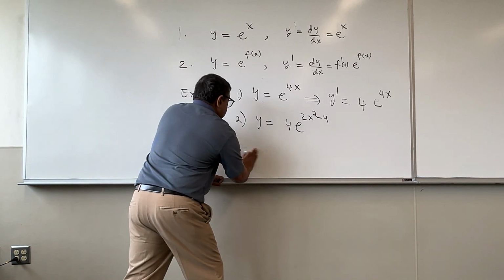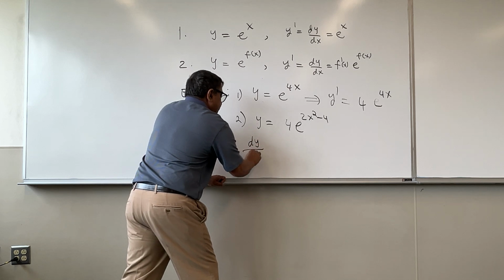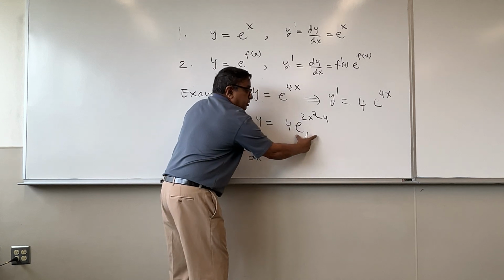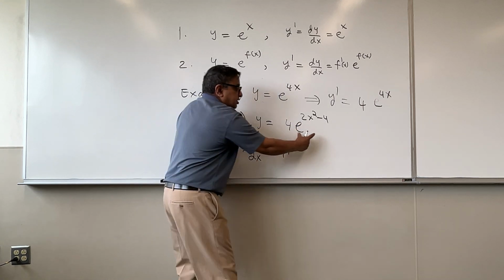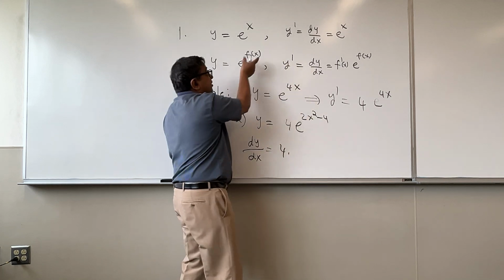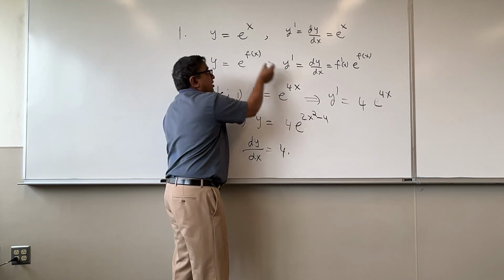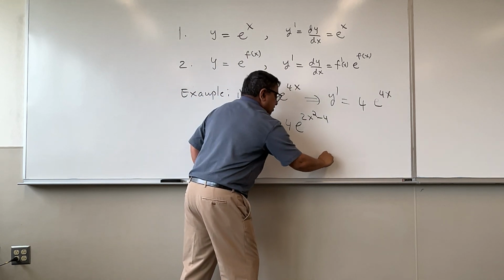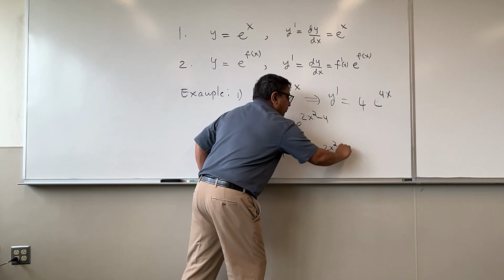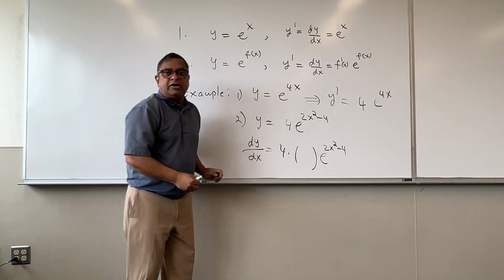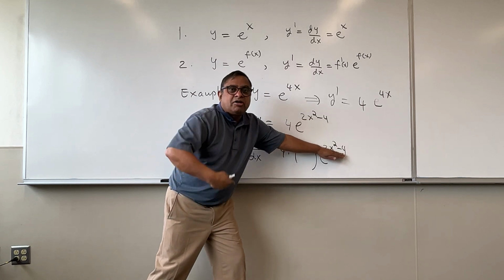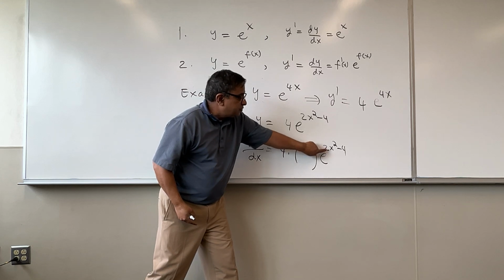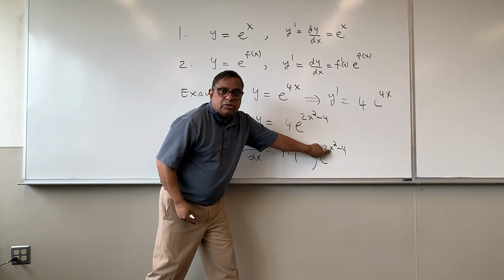So in this case, dy by dx equals, I'm going to leave the constant 4 as it is and differentiate the function. Since it's an exponential function of this type, because the exponent is not simply x, it's a function of x, you write the function itself e to the power of 2x squared minus 4, and you multiply by whatever stuff you have, you got to take the derivative of that. Derivative of 2x squared is 2 times derivative of x squared, which is 2x.